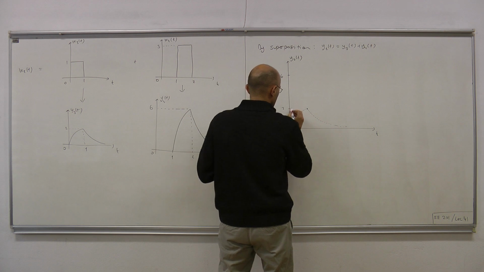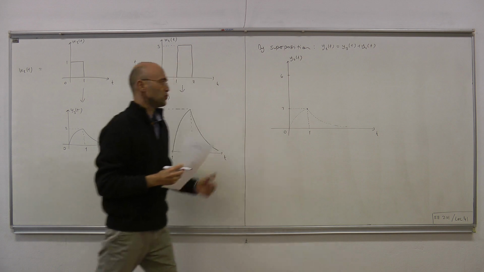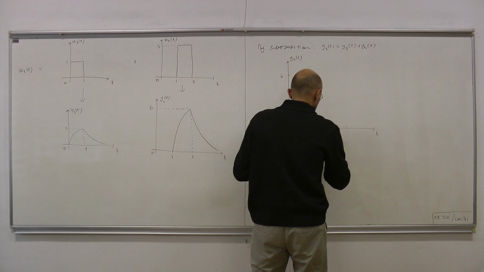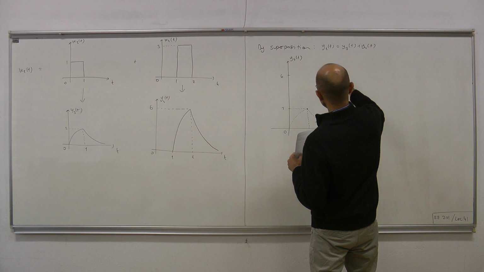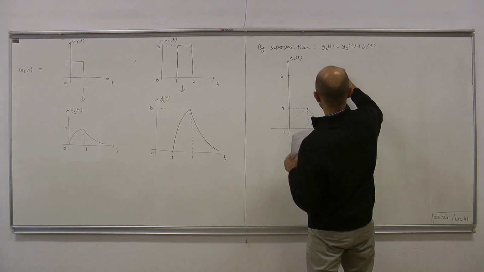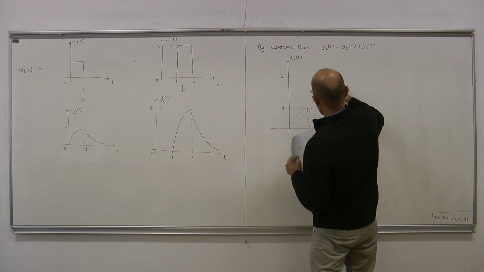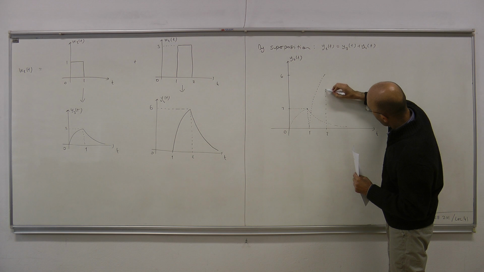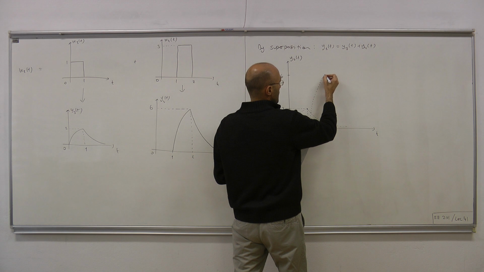And this is t equals 1. And then we have Y4 of t. It looks like this. Decays from t equals 2 onwards.